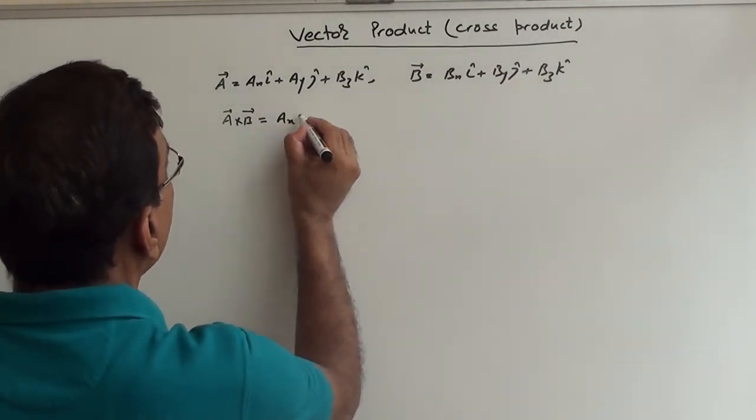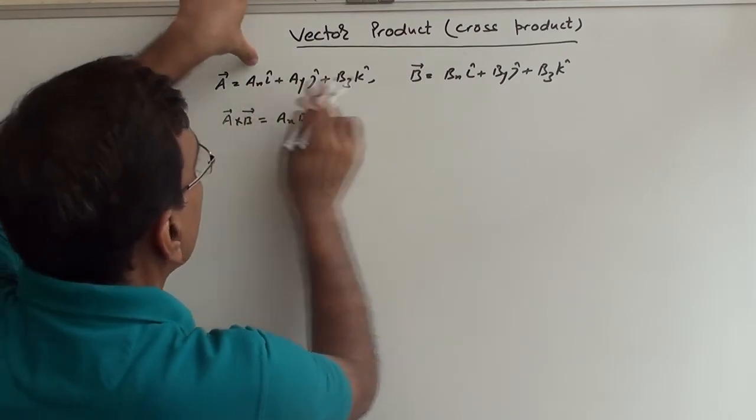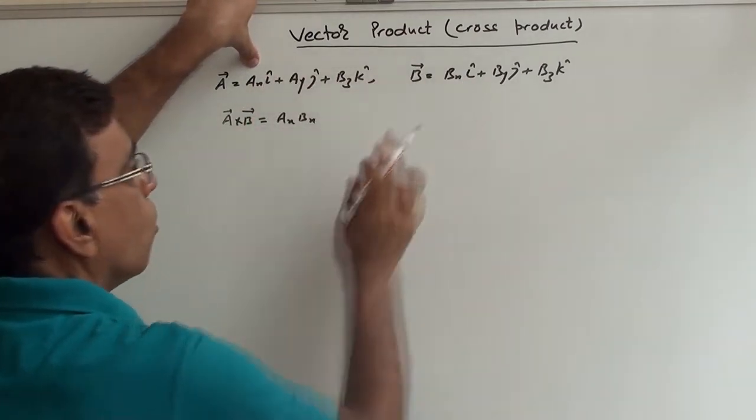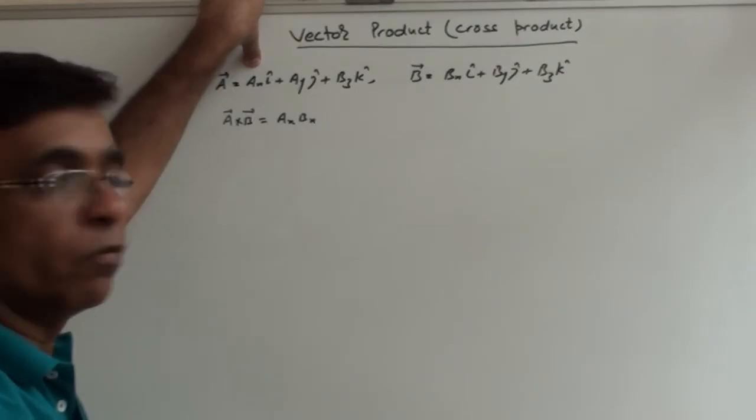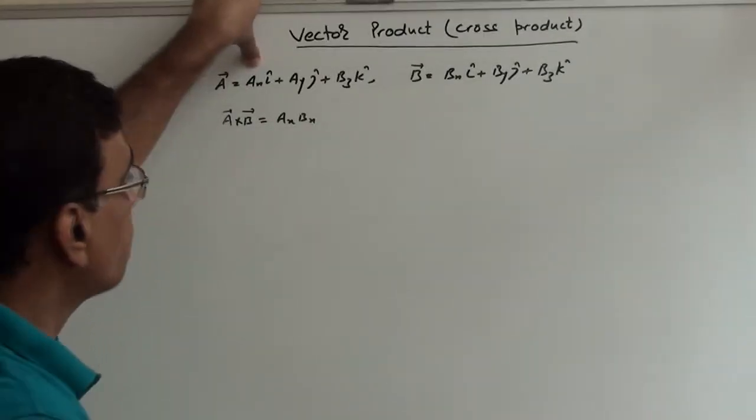Like first term will be AX, BX, I cross I, which is 0.